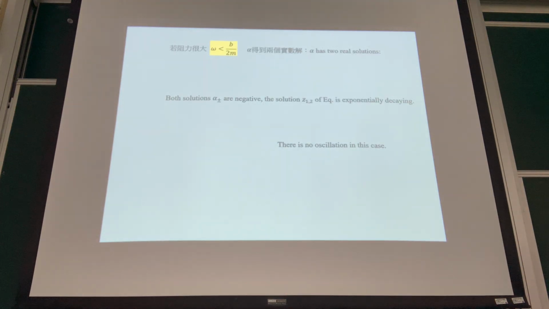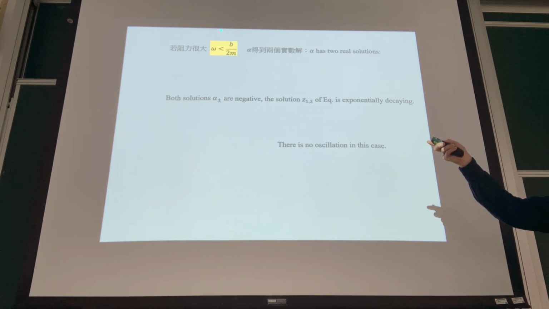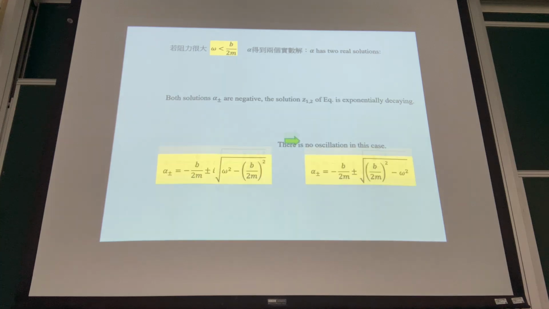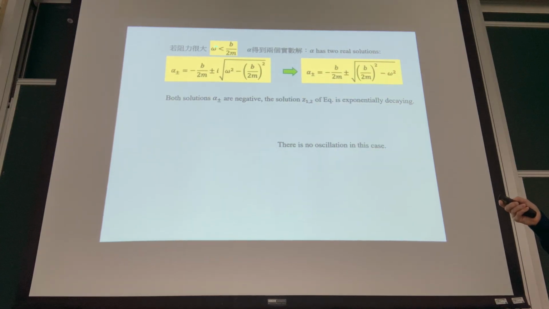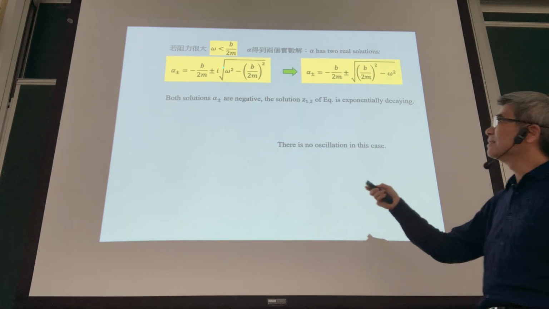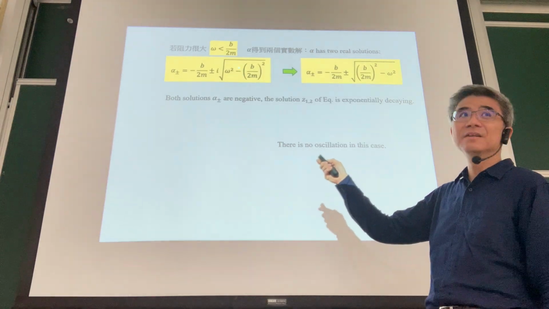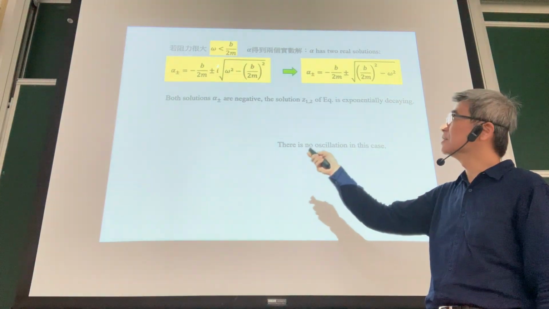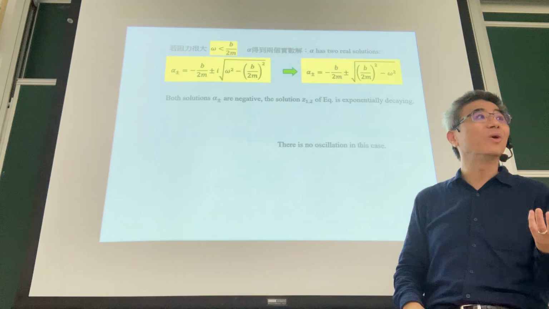And also at that time, I mentioned if the damping force is large enough such that omega is smaller than b over 2m, then there is no omega prime. Because omega prime squared is negative. Therefore, if this is negative, then there's an i, and the double i becomes -1.